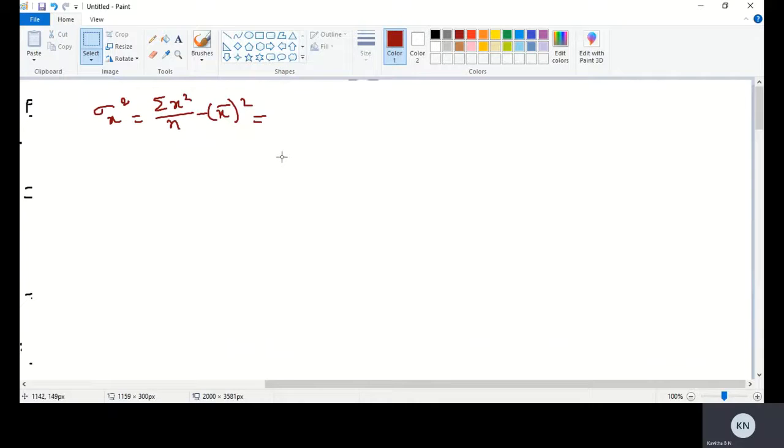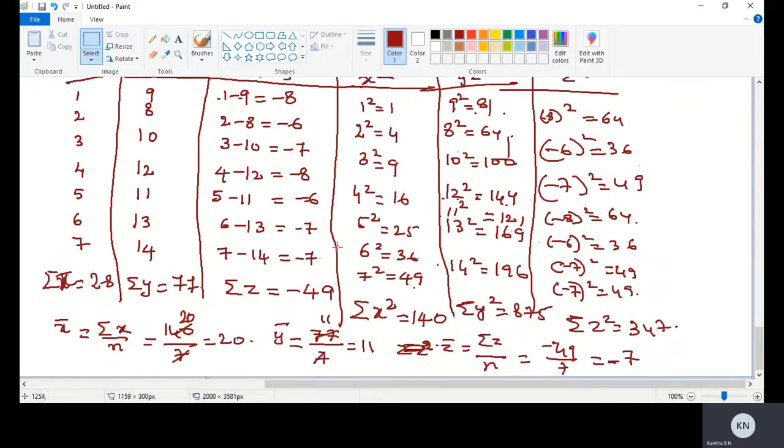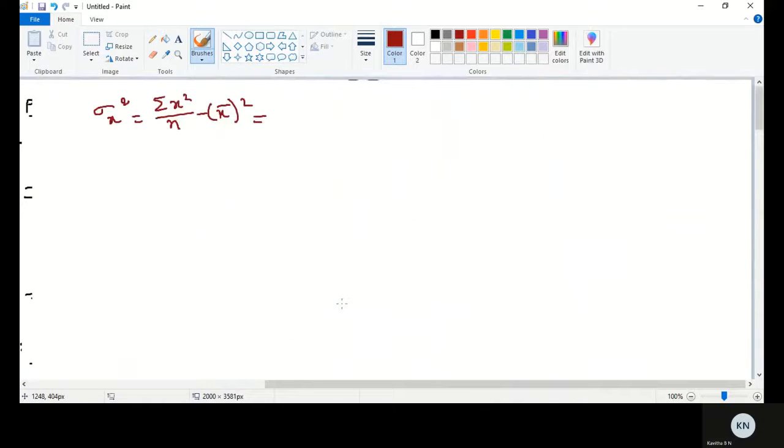Sigma x square is summation of x square by n minus x bar whole square. Just now we found summation of x square. Observe here, summation of x square is 140. Now summation of x square is 140 divided by n, which is 7, minus x bar whole square.